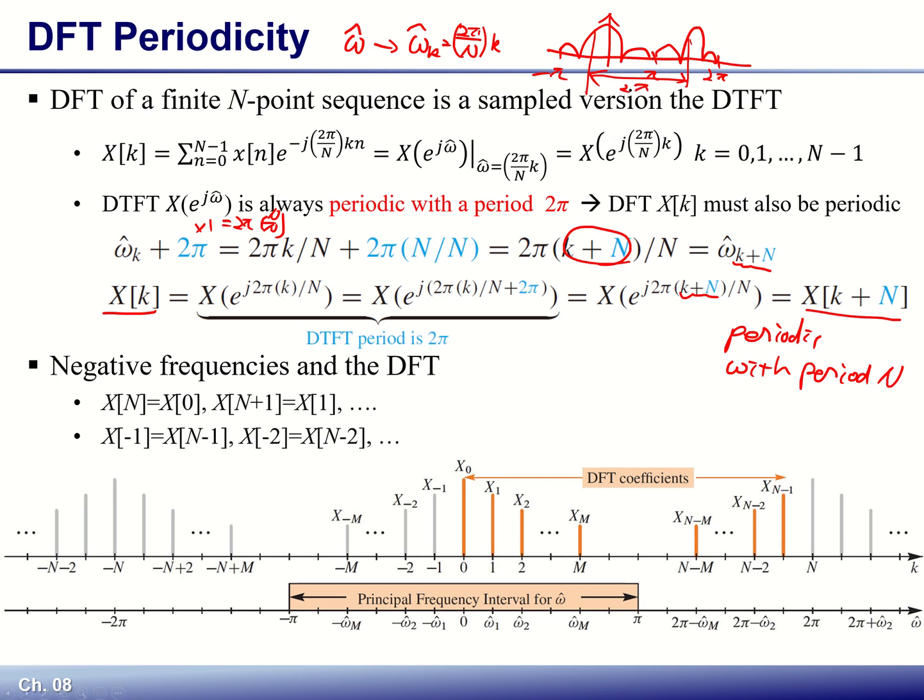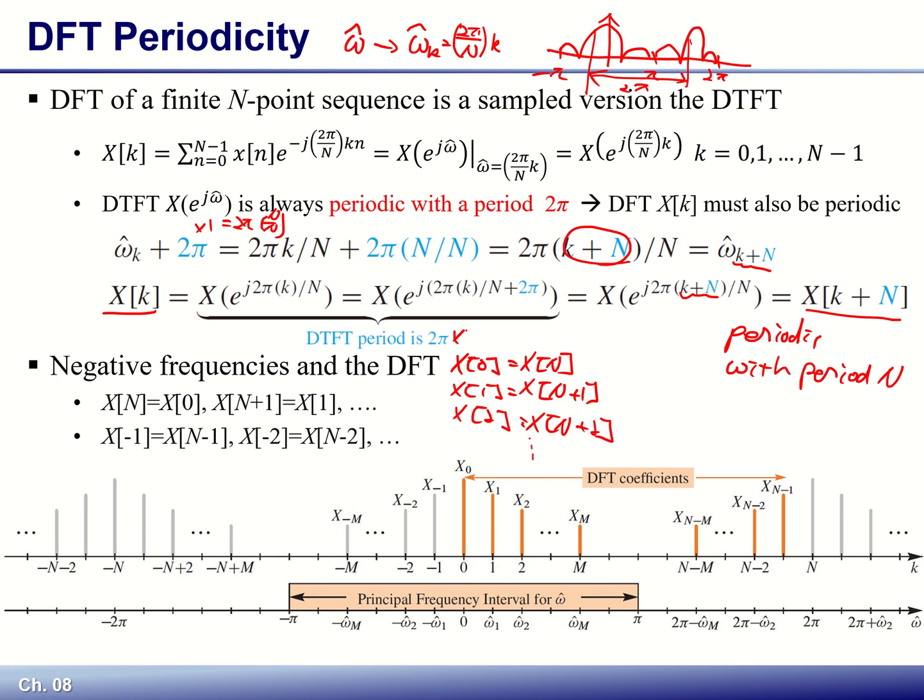What about the negative frequency of the DFT? X[0] is X[N], X[1] is X[N plus 1], X[2] is X[N plus 2], and so on.